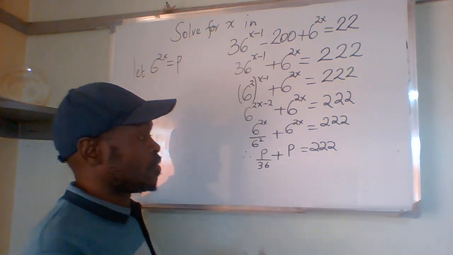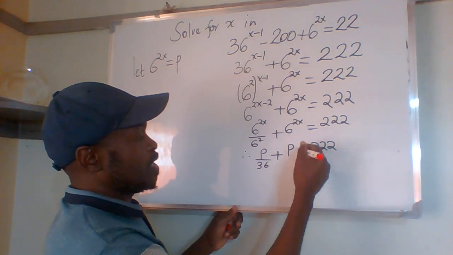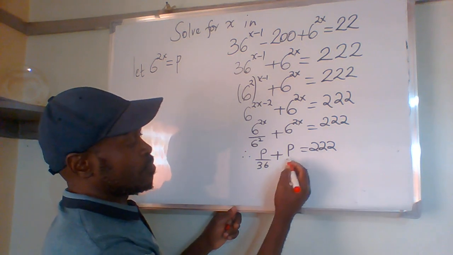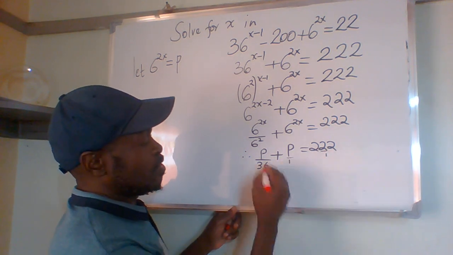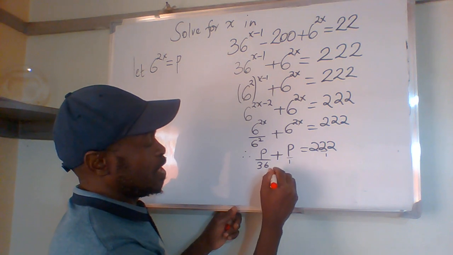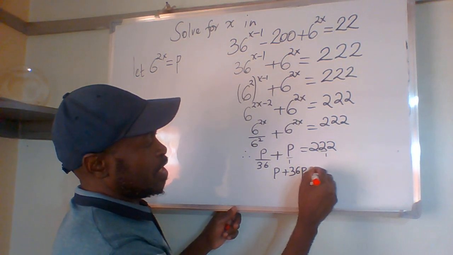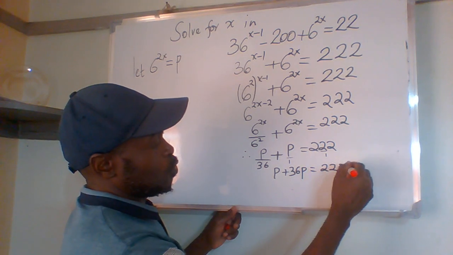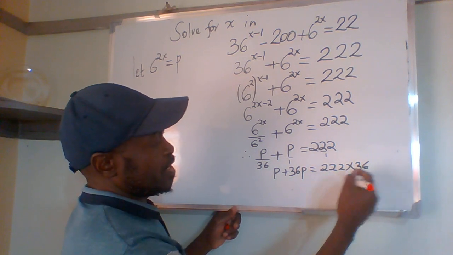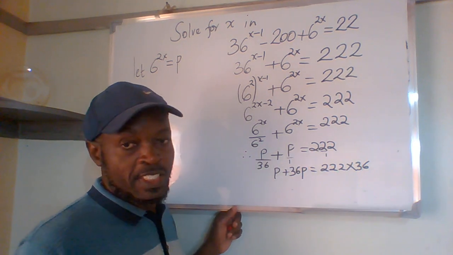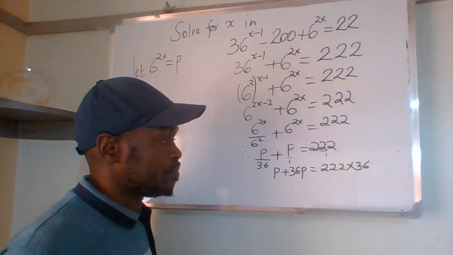So from here, when you multiply through, you make everything whole. This is over 1, over 1. So we'll have p plus 36p is equal to 222 times 36, when you multiply through by the LCM of 36, 1 and 1.